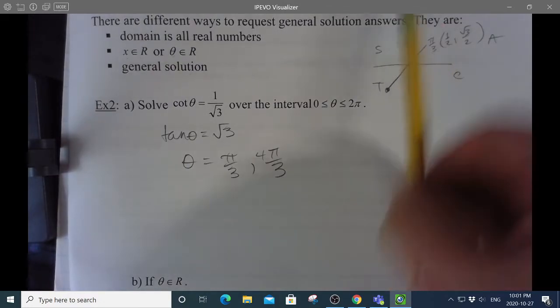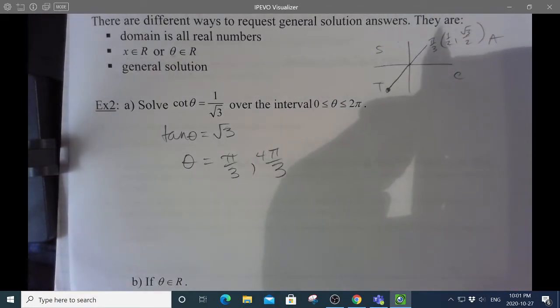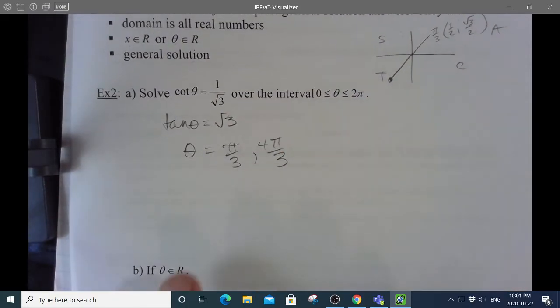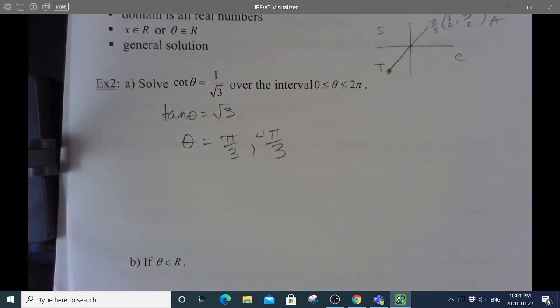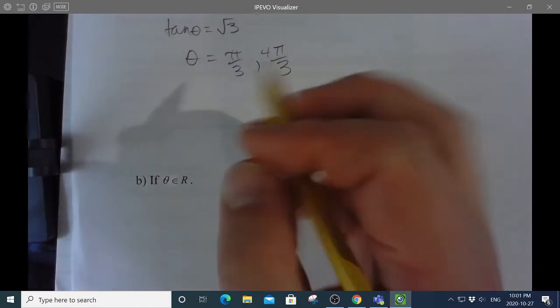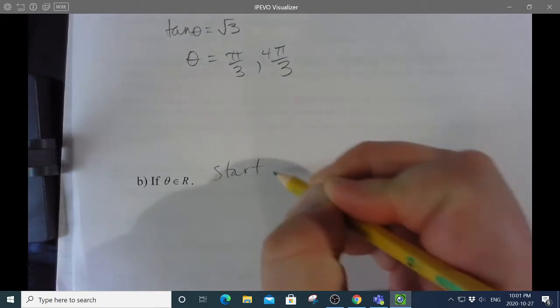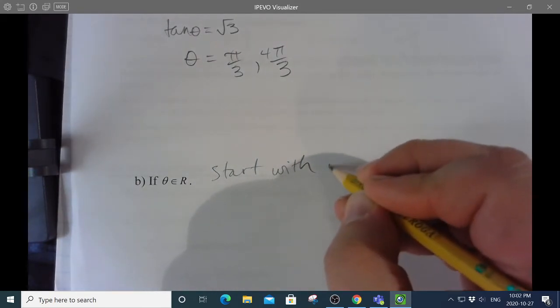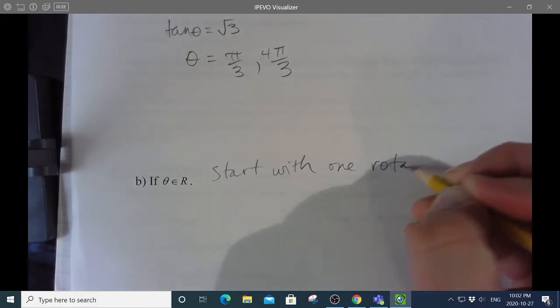Okay, so that's my answers. Now, what if instead of this, it just said theta can be any real number you like? So, like it said here, we start with 1 rotation. And that's what I have up there already.